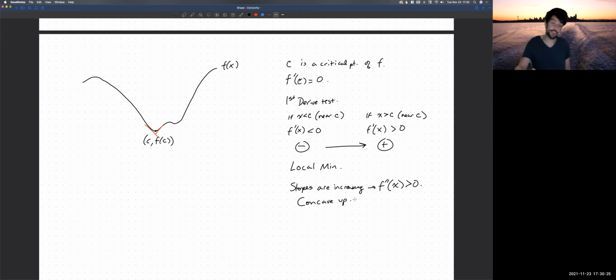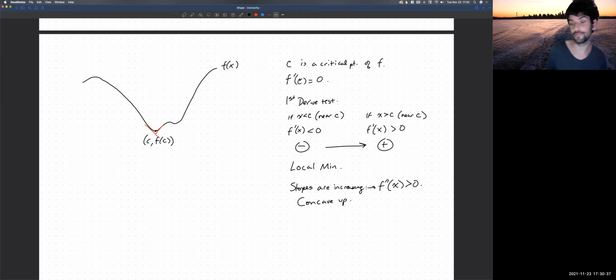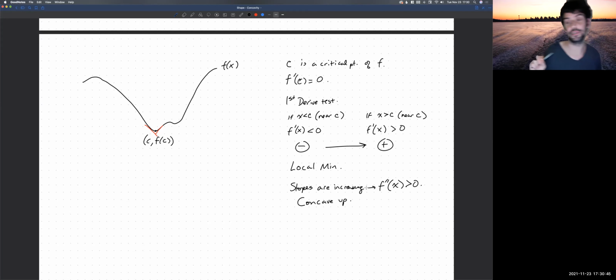And that also tells us that we are looking at a local minimum. This is an alternative way to determine that, because if we're concave up, the derivative has to be increasing.